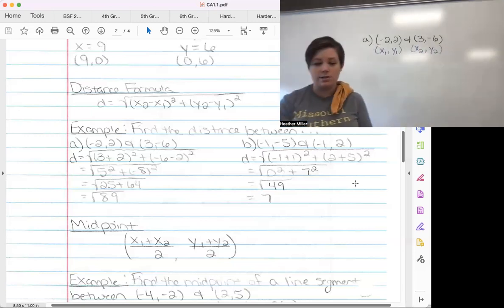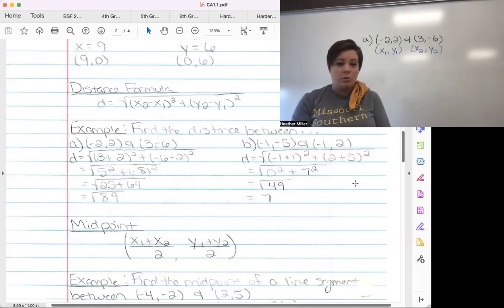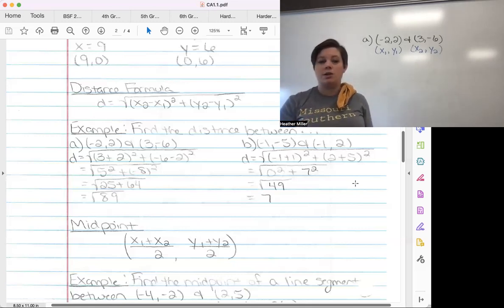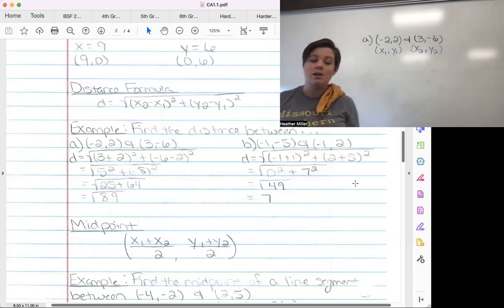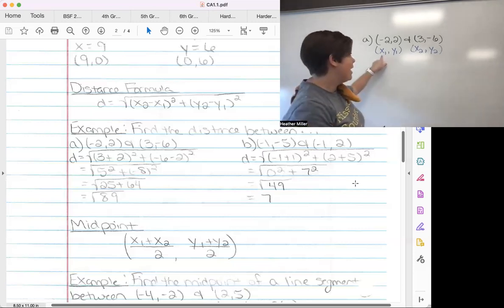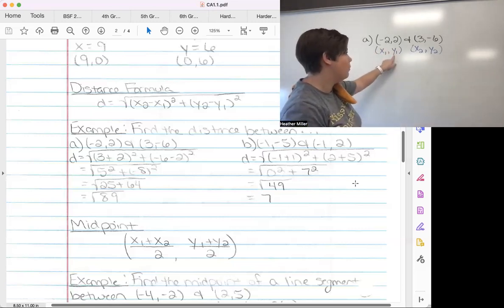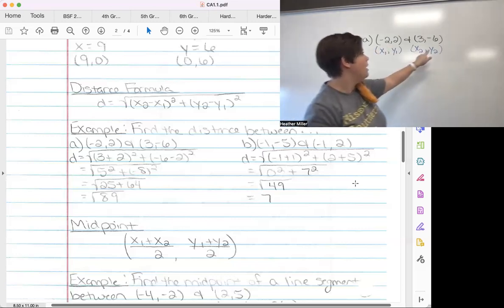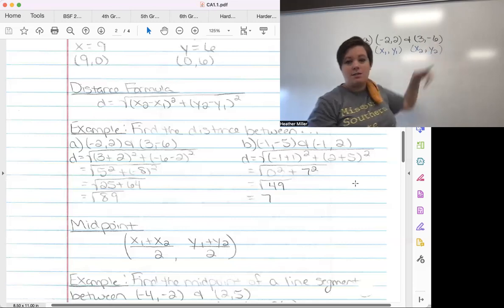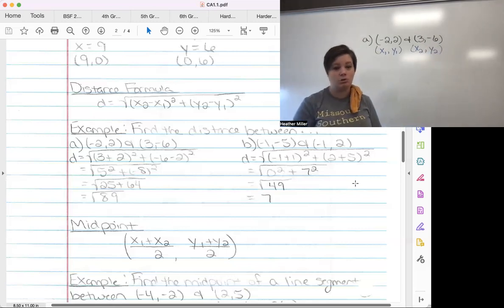Now, here's a question that always gets asked. Does it matter which one is point 1 and which one is point 2? It does not. What does matter is that my x1 is with my y1. I can't say my x1 is -2 and my y1 is -6, because then I've made a completely new ordered pair, and that will mess up your problem.